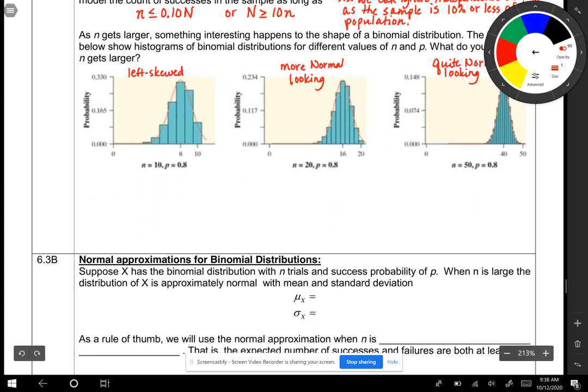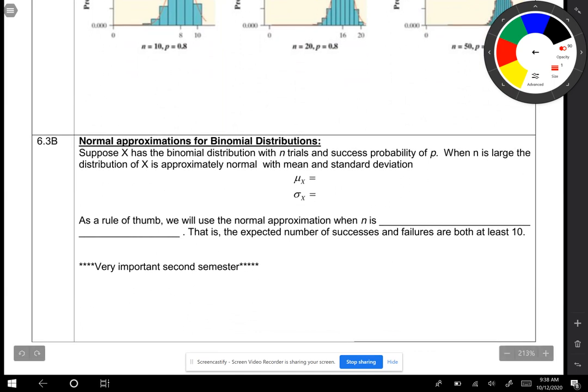And when we have normal looking distributions, we can use our normal CDF, and we don't have to worry about subtracting, like less than or equal to, or subtracting from 1 or whatever. So it's easier when we get to use the normal probability. So normal approximations for binomial distributions.